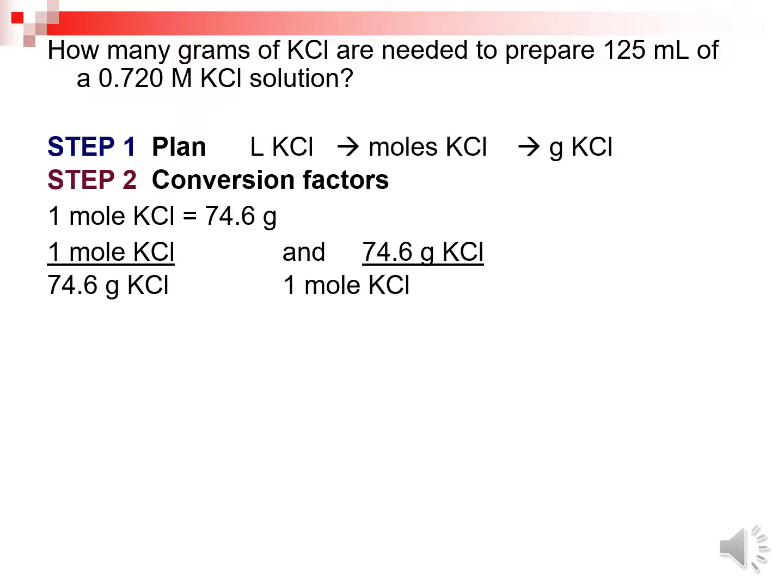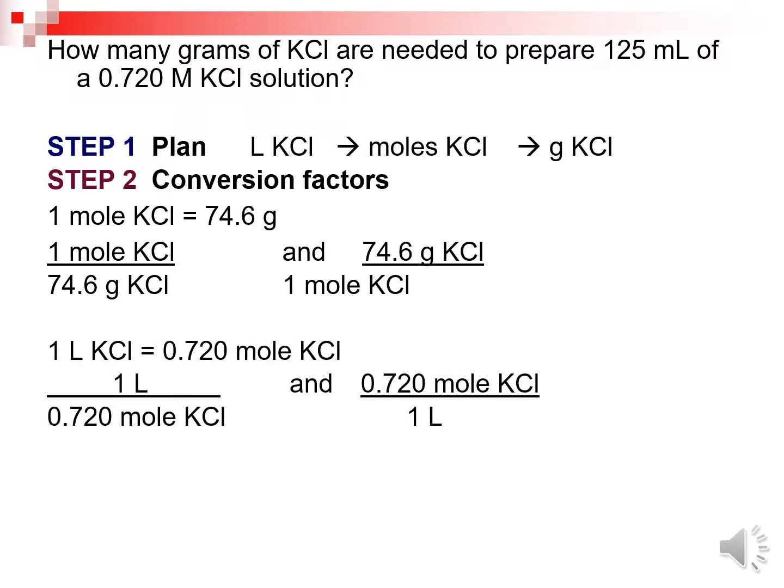First, we're going to find that a mole of KCl weighs 74.6 grams. And then a liter of KCl has 0.720 moles of KCl in it. So the molarity unit of 0.720 molar can be written as 1 liter over 0.720 moles, or 0.720 moles over 1 liter.